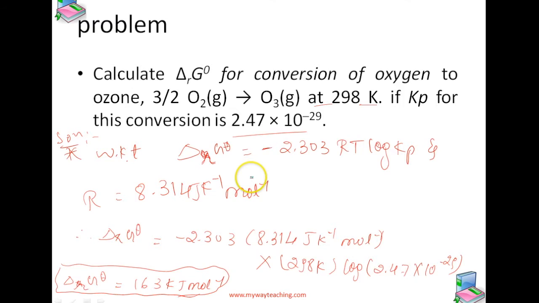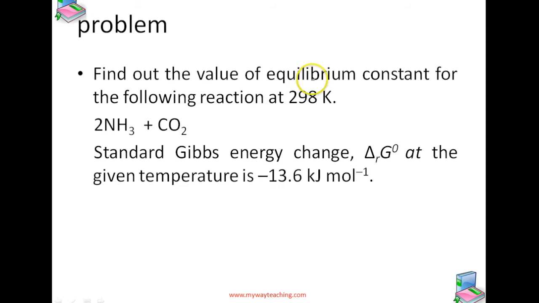Next problem. Find out the value of the equilibrium constant for the following reaction at 298 Kelvin: 2NH3 plus carbon dioxide giving NH2CONH2 in aqueous solution plus H2O.